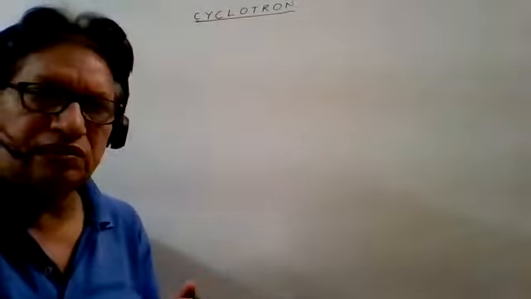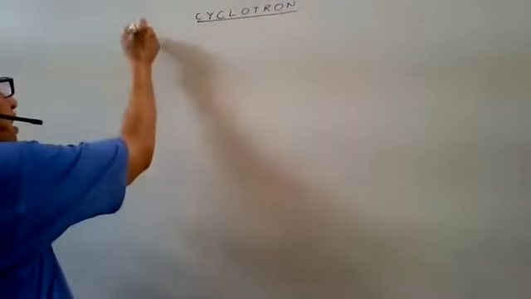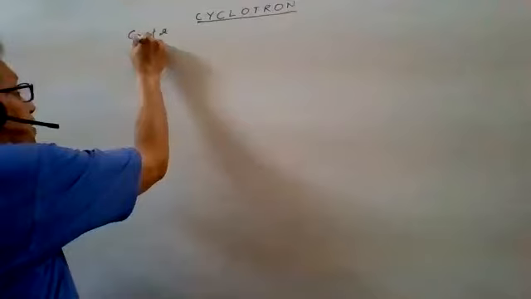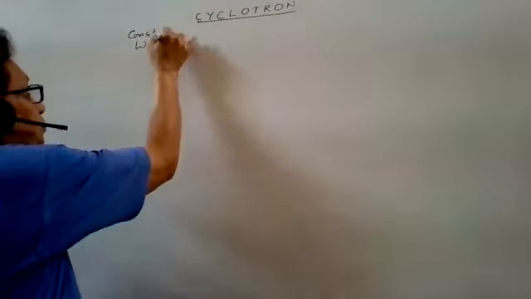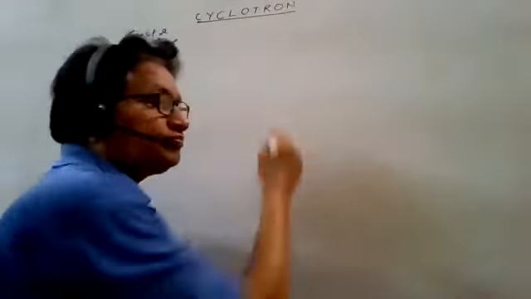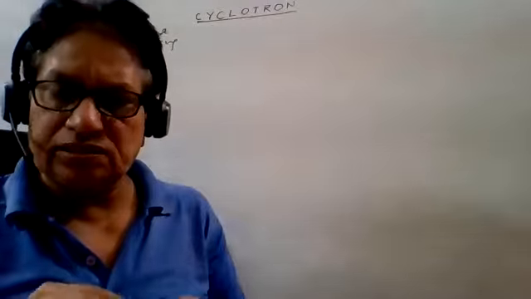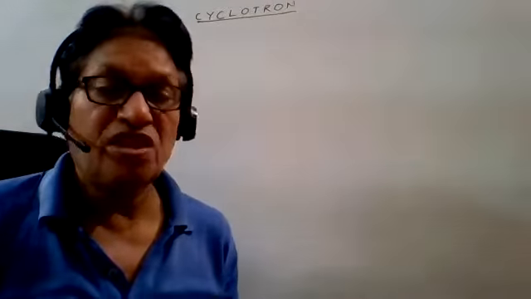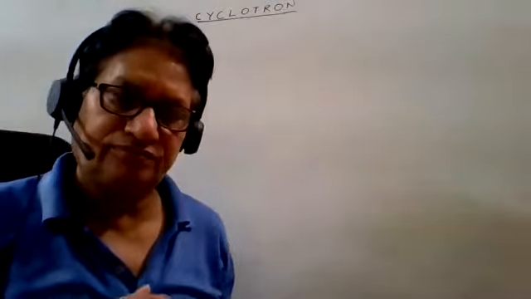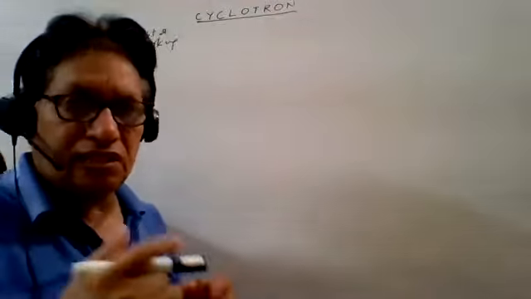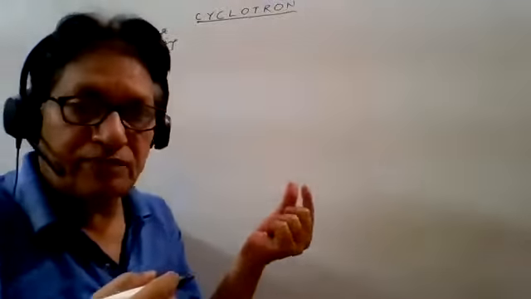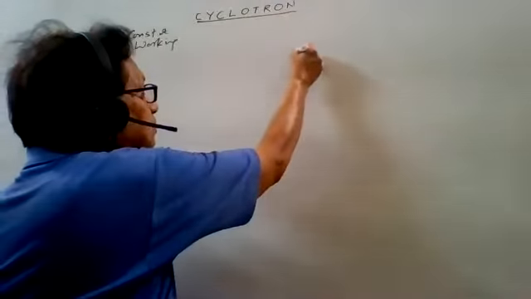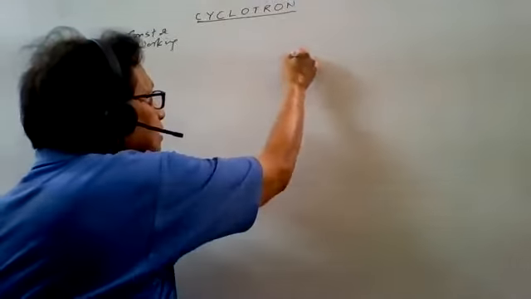Now construction and working. Let us see here. We have taken a disc of roughly 2.5 to 3 meter, divided into two parts, semicircular discs, and separated by a small distance, few millimeter.